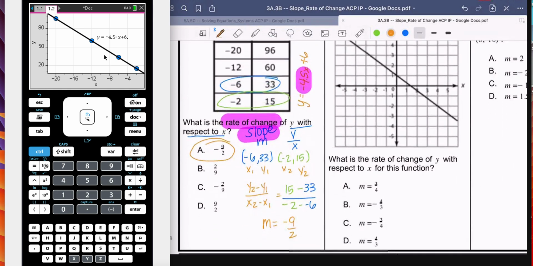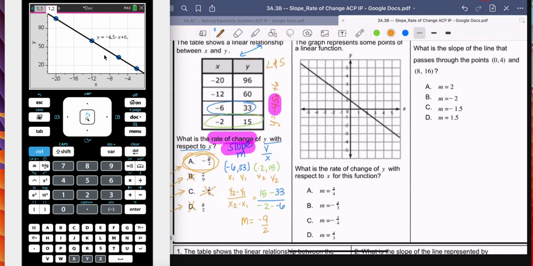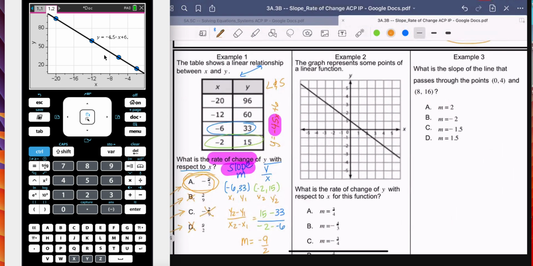So when I'm looking at my answer choices, I need to figure out which ones are incorrect. I know that it's not a positive number, and it's greater than 1 in size, so it has to be A. So there were two different options for you to try this question.